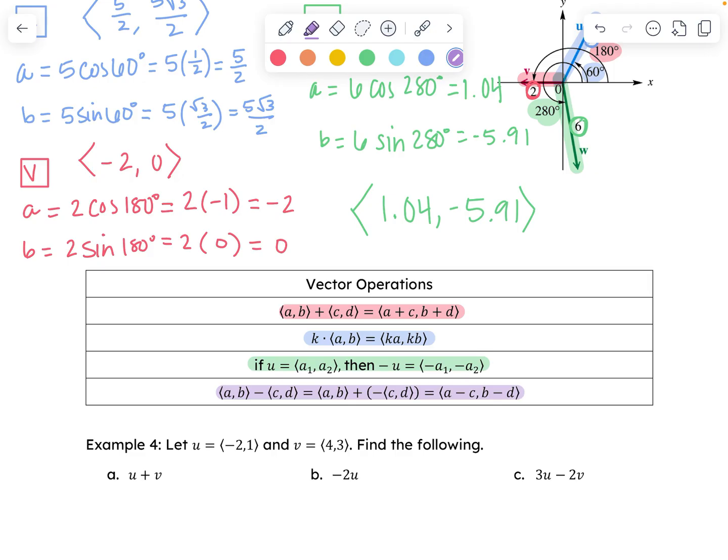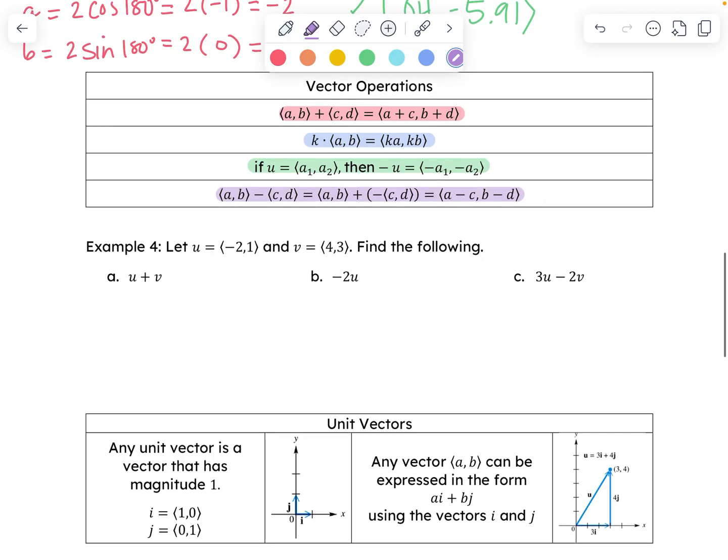So let's look at some examples that go with this. I'm going to section off my space here. If I'm looking at the first one, I have u plus v, and it tells me that u is -2, 1, and v is 4, 3. So if I'm looking for u plus v, this is where I'm going to add the corresponding parts together.